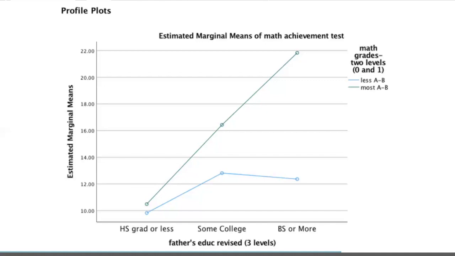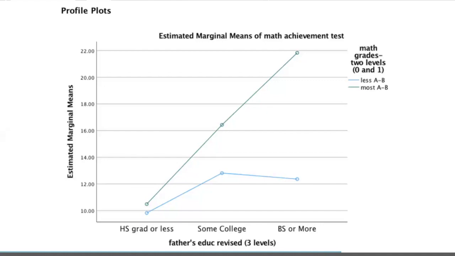We're going to type 2, and then we're going to click on If. We want to make sure that we include if case satisfies condition. The spelling is really important here because SPSS speaks a certain language.